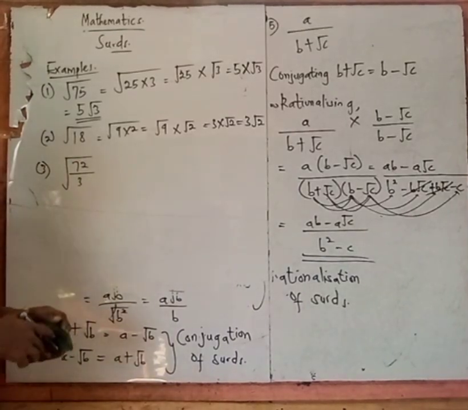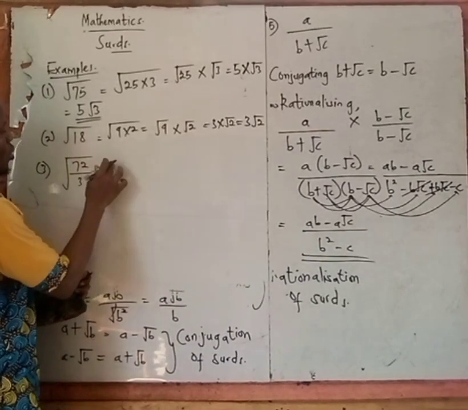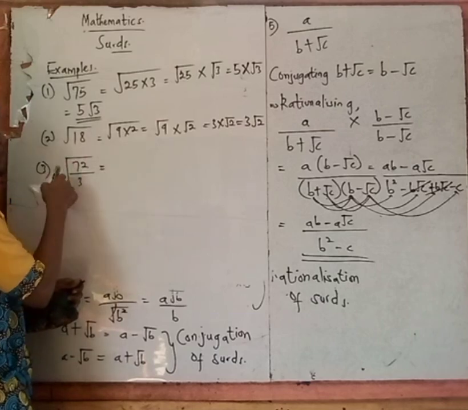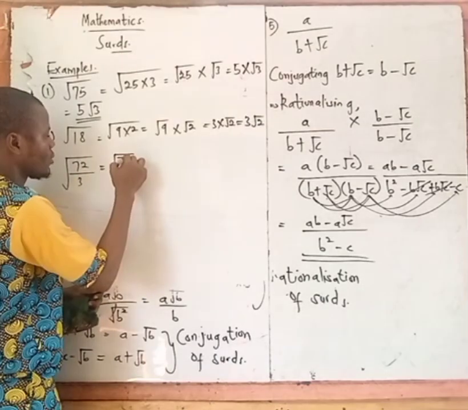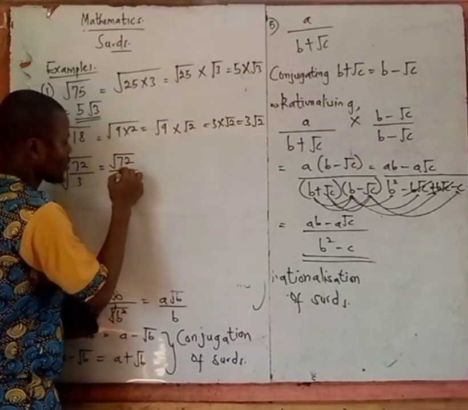You can apply it to this question. So we are going to separate them and give each of them their square roots. So they become root of 72 divided by root 3.